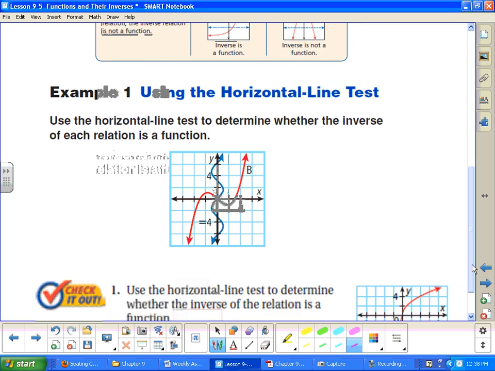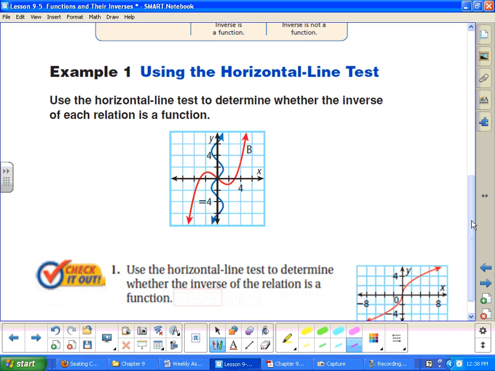So we have two examples here, the red line and the blue one. Start with the blue one. I think that's letter A. Is the inverse of that graph a function or not? In other words, does it pass the horizontal line test?